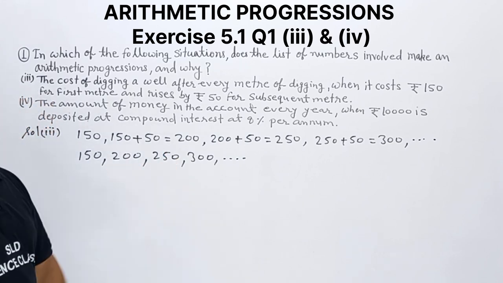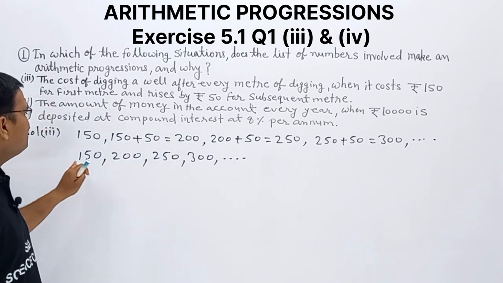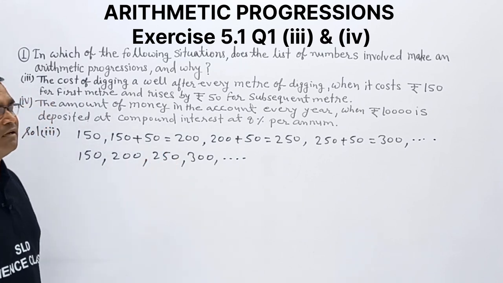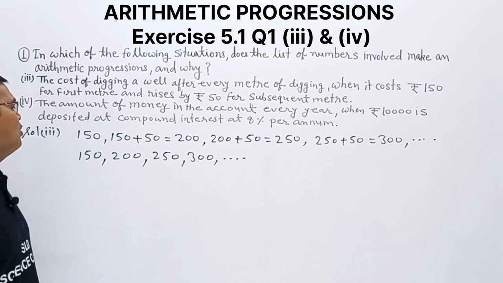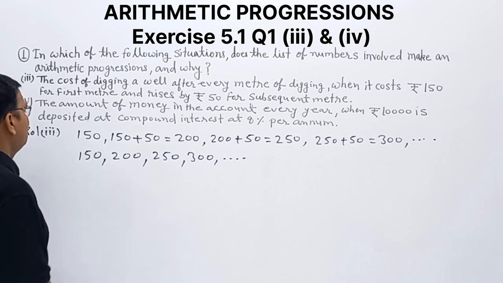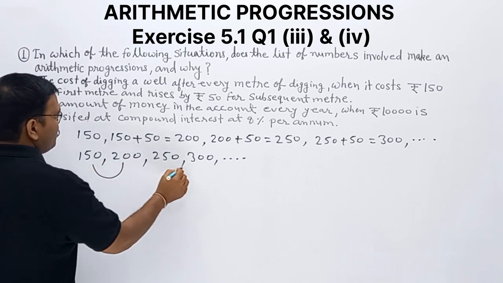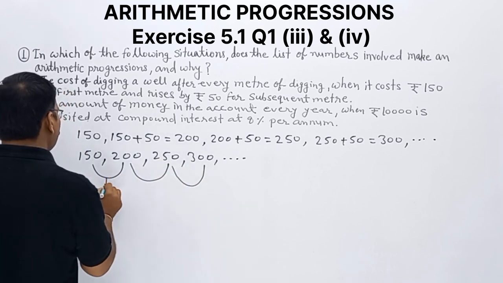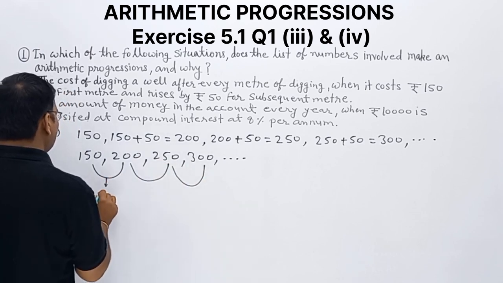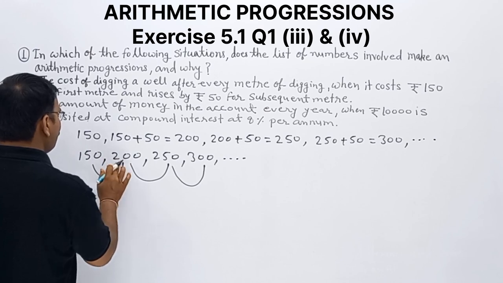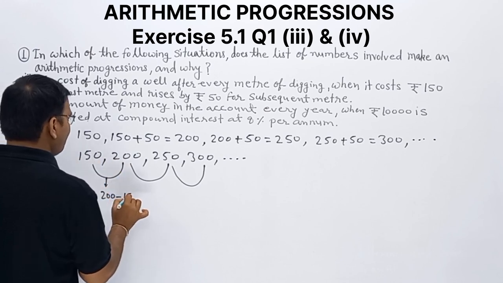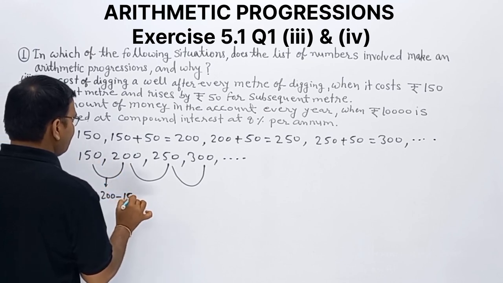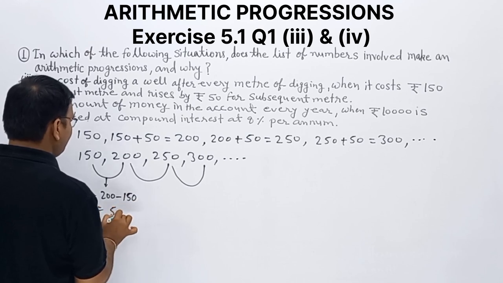This is a list of numbers. Now we will check whether these numbers are in an AP or not. How? We will find the common difference. Once we get the same common difference, then we can say the given sequence is an AP. Second term minus first term, 200 minus 150, we are getting 50.